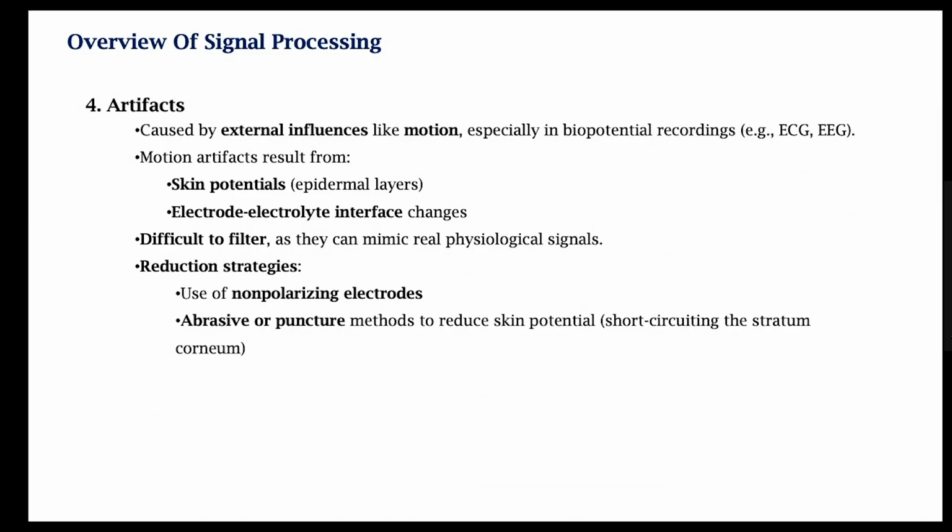Or we can reduce skin potential. We can abrade, or we can use puncture. We can use sandpaper to abrade and then improve the skin potential value so that we short circuit the stratum corneum, or the topmost layer of the skin, for example.